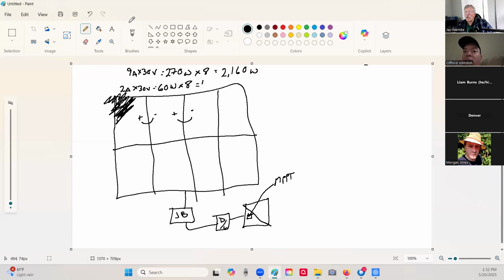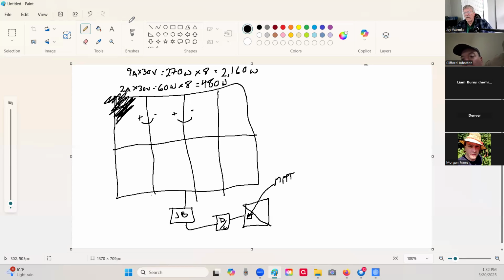So by shading one little corner of that array, my production went from 2,160 watts to 480 watts. In the industry, we refer to that as bad, right? That's not good. You've just lost more than 3/4 of your output, 80% of your output, because one little corner is shaded. So what can you do?